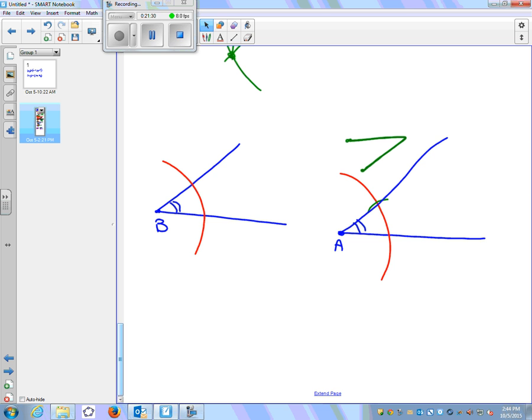Okay, and we're going to start the same way to get an angle bisector. Start with the red arc anywhere. These two intersection points are going to be where we stick our compass and make a circle all the way around. You could go all the way around, or you could just go part of the way around.